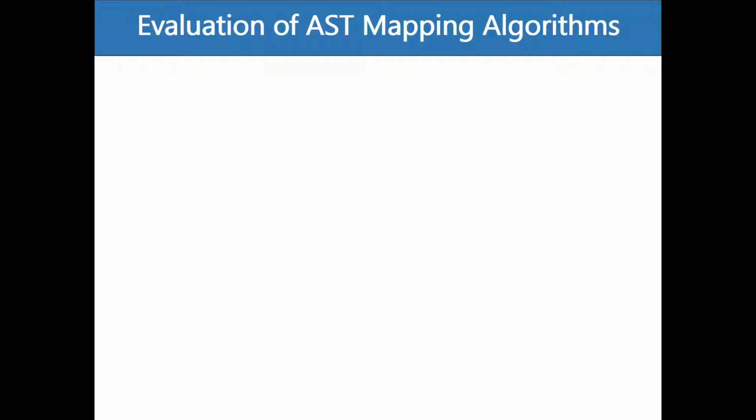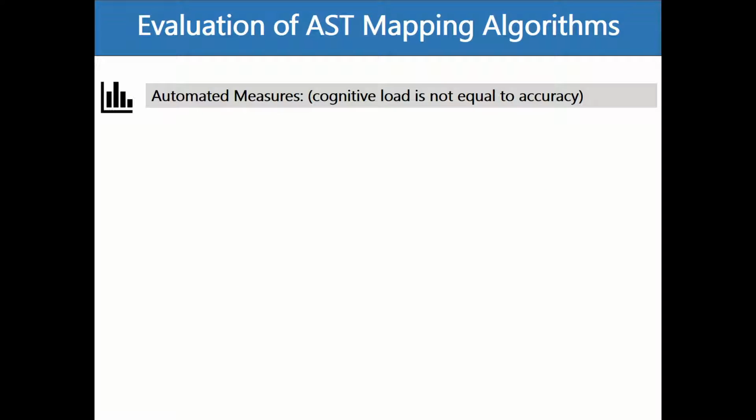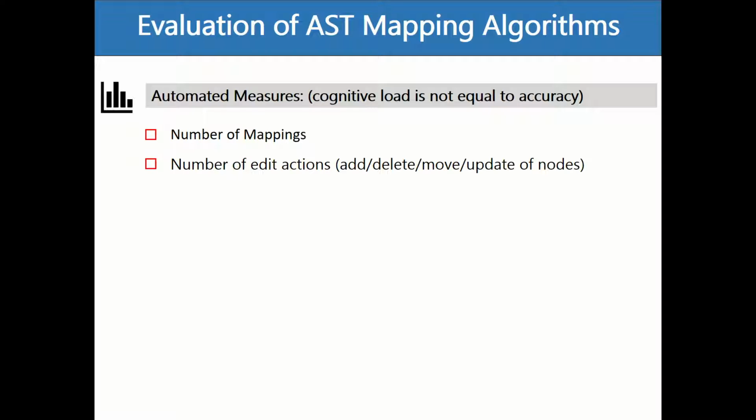However, we noticed that it is challenging to evaluate the AST mapping algorithms. Although previous studies proposed several automated measures, such as the number of mappings and the number of edit actions, such measures can only evaluate the cognitive load for a developer to understand the changes output by an algorithm.